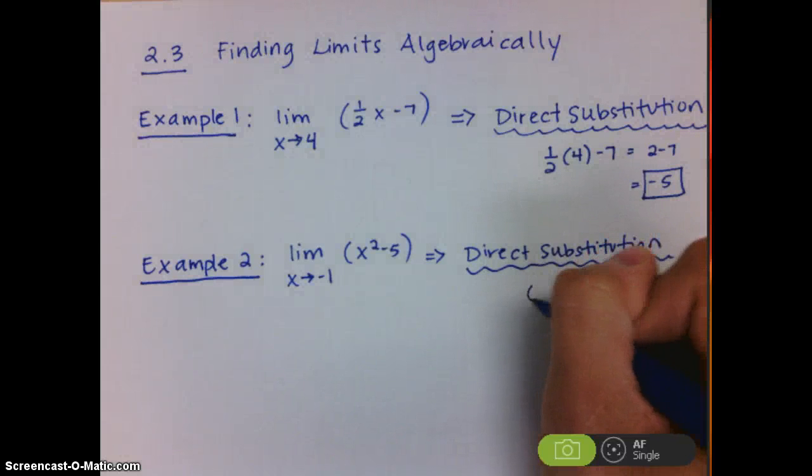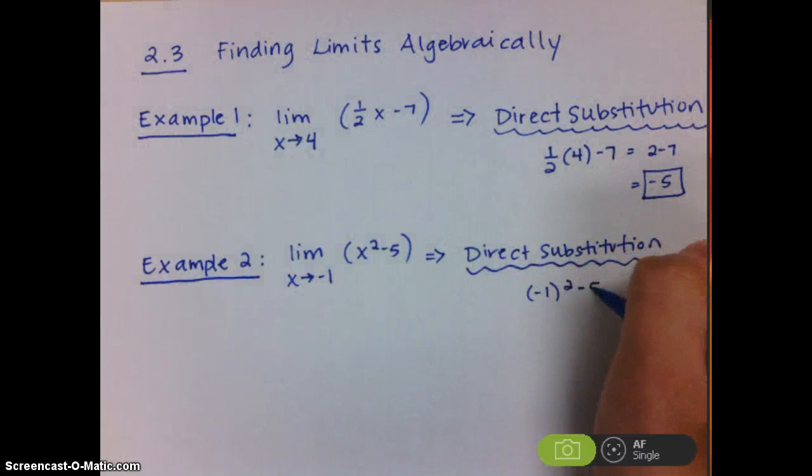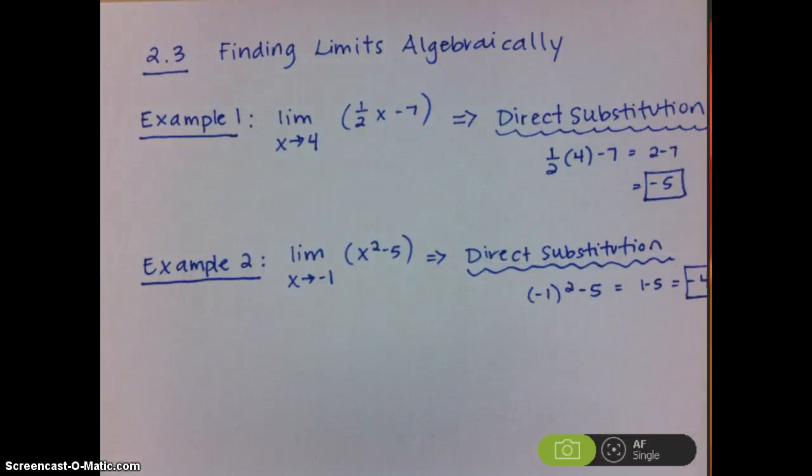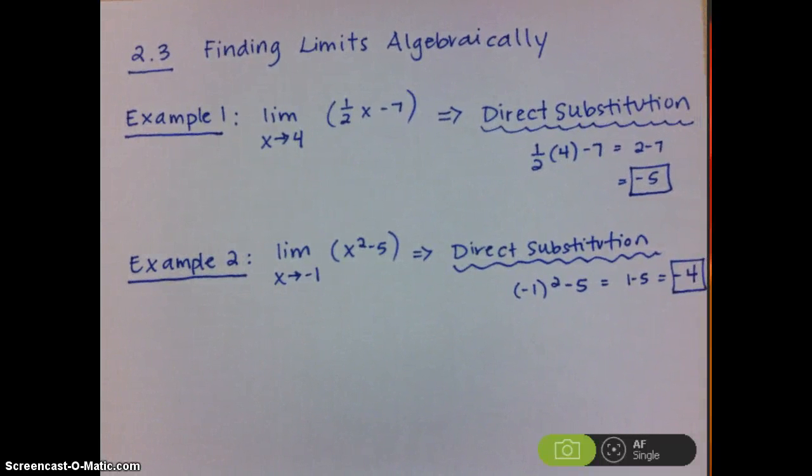So I can take -1 and directly substitute it into the equation x squared minus 5. And it looks like I'm getting a limit of -4 as x approaches -1.